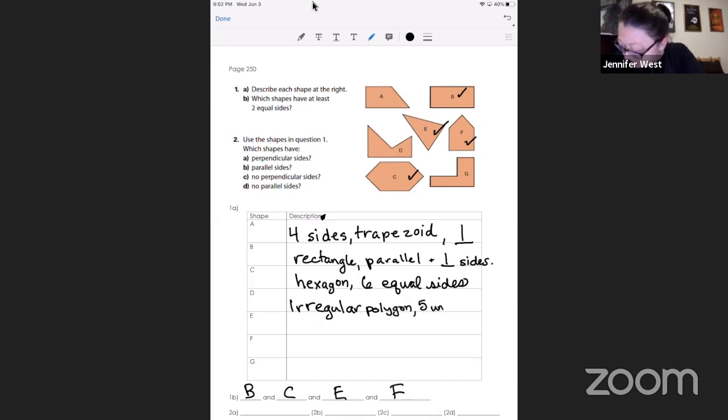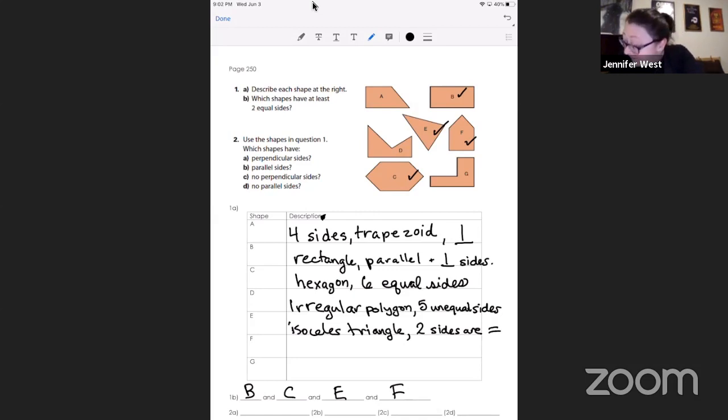Five unequal sides. E is an isosceles triangle. Two sides are equal.